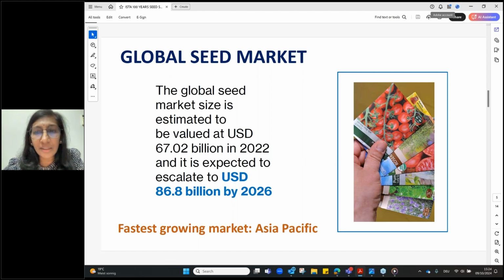If we look at the statistics for 2030 and 2050, they are growing exponentially. And guess what? The fastest growing market is Asia Pacific. We can see China and India growing tremendously in the seed market.